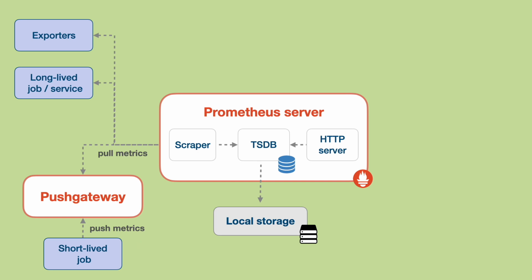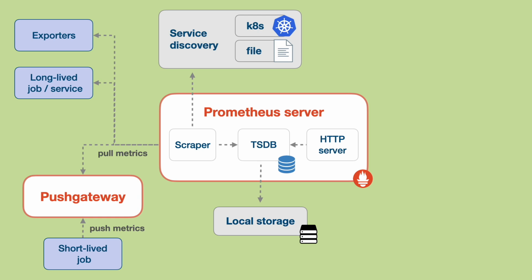So how does Prometheus know about its targets? Of course, you can configure a static list manually, but that's inconvenient because pods are constantly redeployed. Prometheus uses service discovery to update the list of targets automatically. There are a few common ways to do this. In Kubernetes, Prometheus can get a list of active pods and filter them by a dedicated label or annotation. The Prometheus config specifies which labels to check.